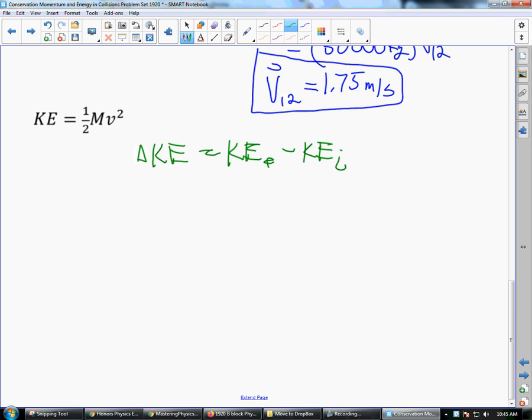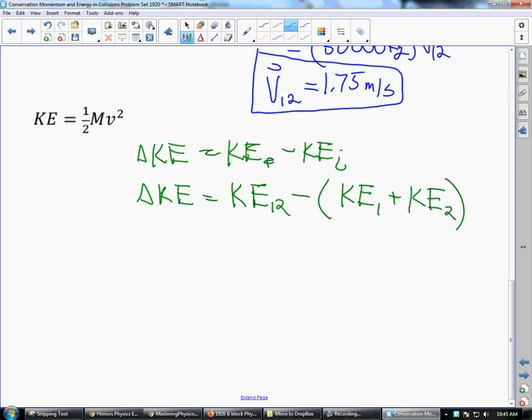In our case, this is going to be the KE of object 1, 2, and that'll be minus the combined kinetic energies of car 1 and car 2, because those combined are the energy it has before.